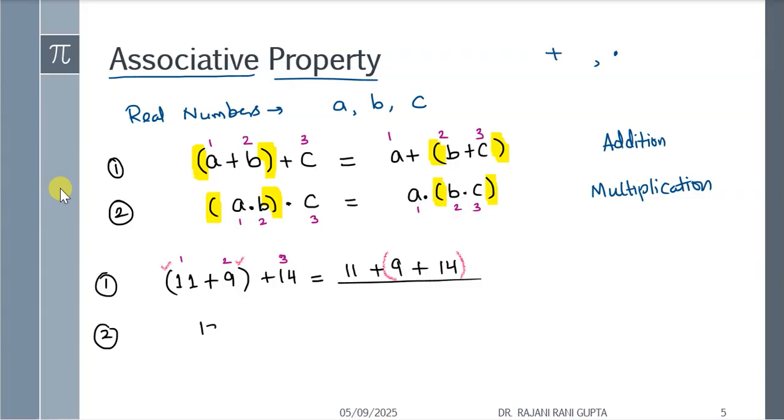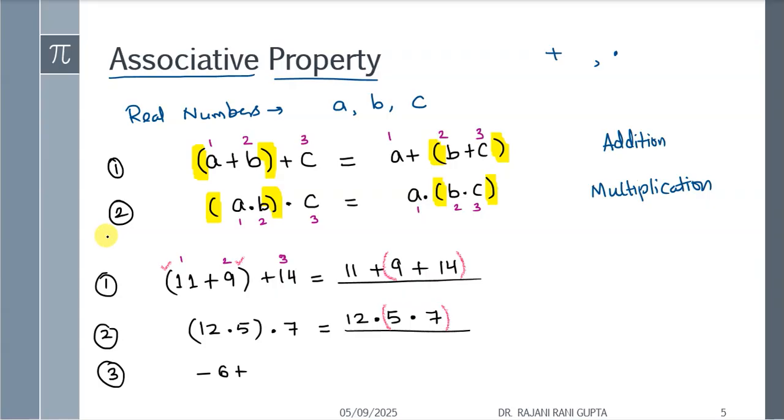Let's take another example. If you write 12 times 5 times 7, with the associative property, the order stays the same: 12, multiply 5, multiply 7. You need to care about the position of the bracket. Here it is on 12 and 5, so what you can do is put it on 5 and 7. Let's do one more. Suppose I write minus 6 plus 3 plus 8.